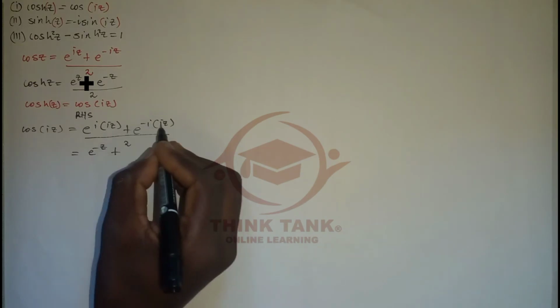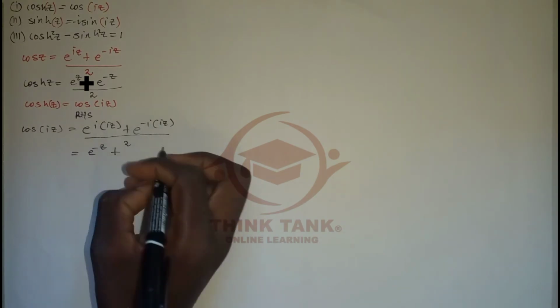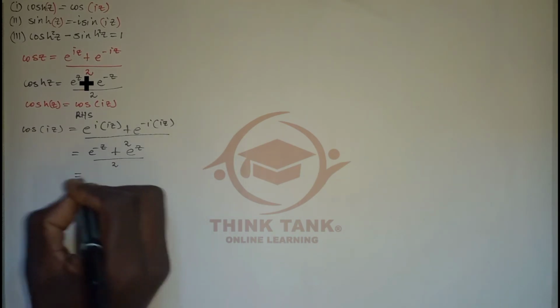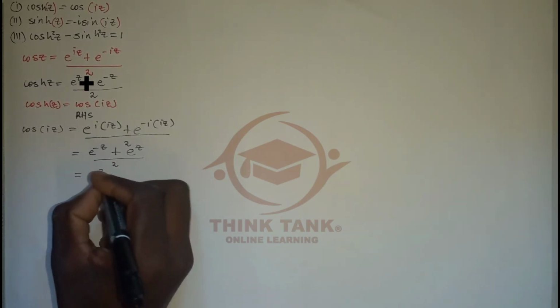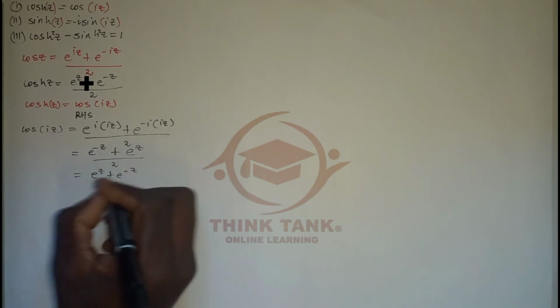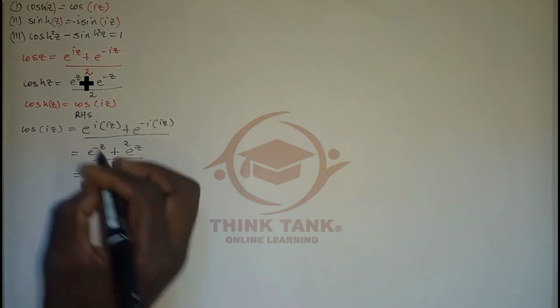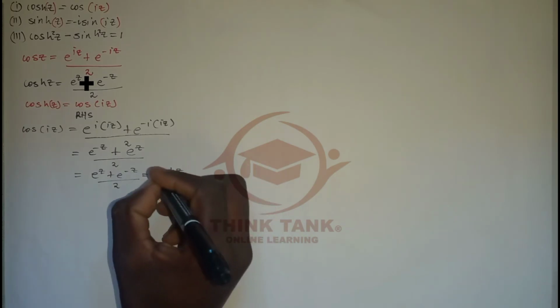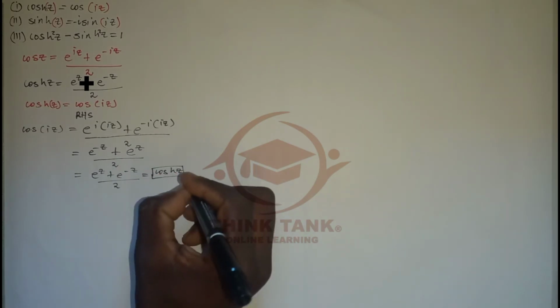And for this one, i times i is negative 1, negative 1 times negative gives us positive z, divided by 2. If we arrange this, we'll see it's e to the power z plus e to the power negative z divided by 2, and this one is identical to cosh z, and we have proven it.